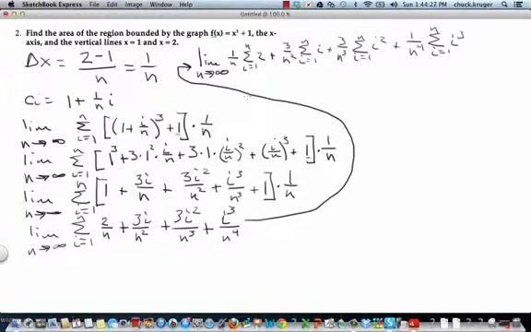Alrighty. So let's get rid of the summations by substituting. So at the limit as n goes to infinity, this is going to be 2 times n, so I have 1 over n times 2n over 1. I'll write it over 1 so we see that the simplification is easy.